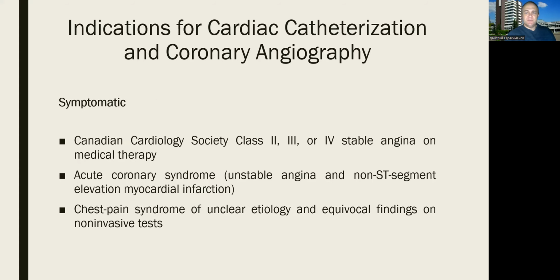Symptomatic patients. First of all, these are patients who have Canadian Cardiovascular Society class 2, 3 or 4 stable angina on medical therapy, acute coronary syndrome, chest pain syndrome of unclear etiology and equivocal findings on non-invasive tests.